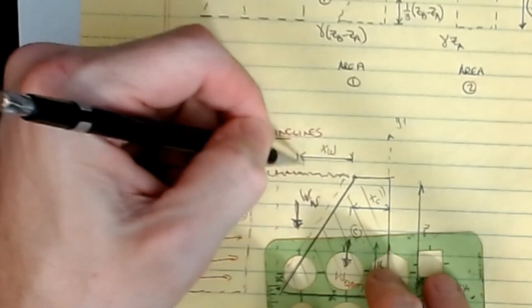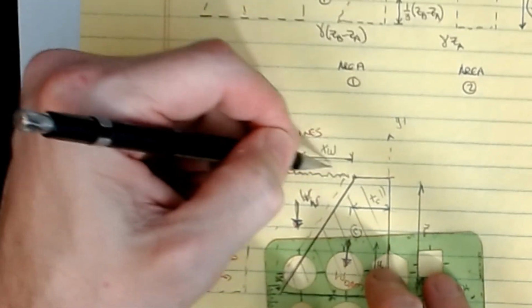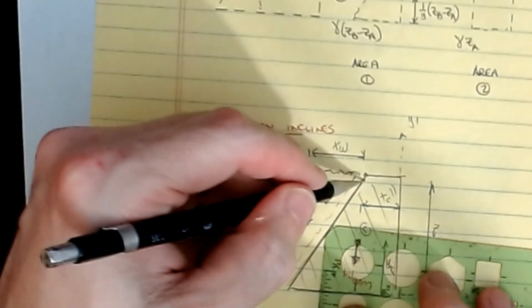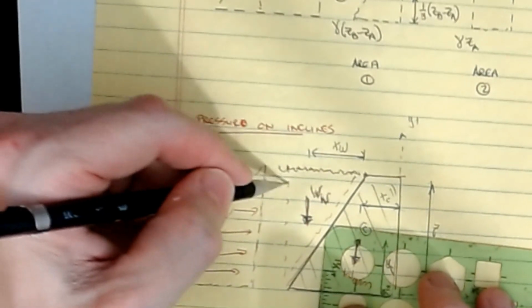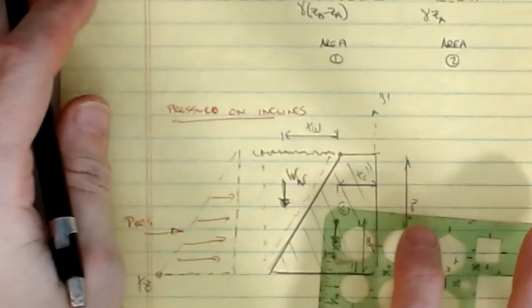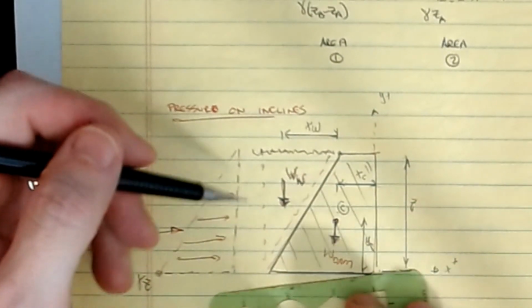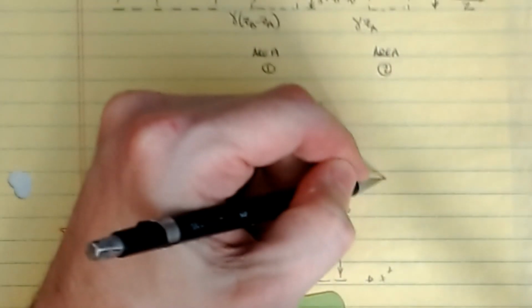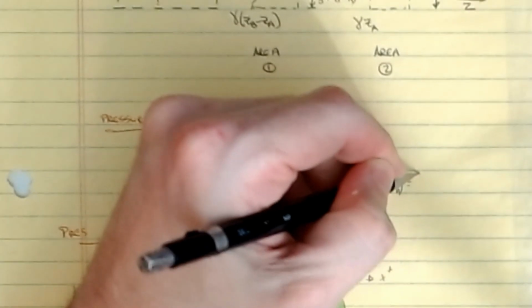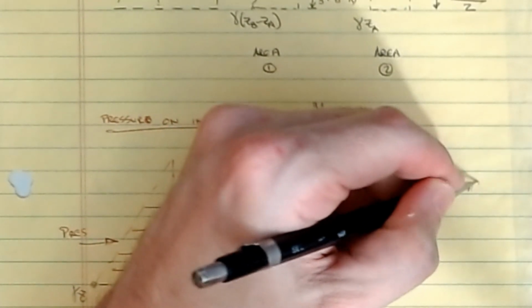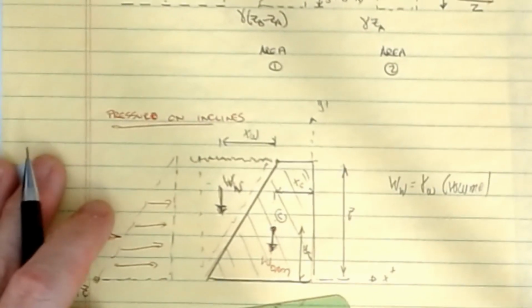Again, this is being measured to the edge of the water, but that volume of water goes from the water surface to wherever it impacts the wall and then continues down as a vertical line to whatever it impacts on your structure. So now you've got a free body diagram that involves a weight of water. The weight of the water is simply gamma of the water multiplied by the volume of water associated with it.